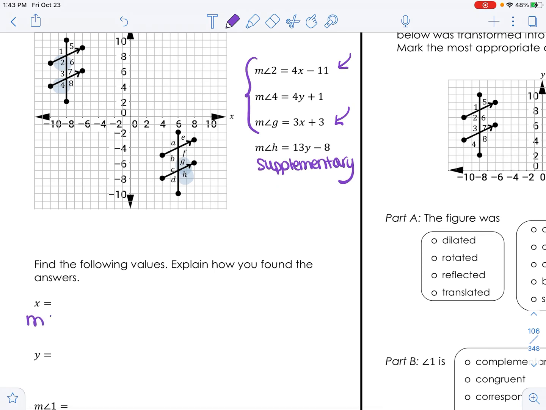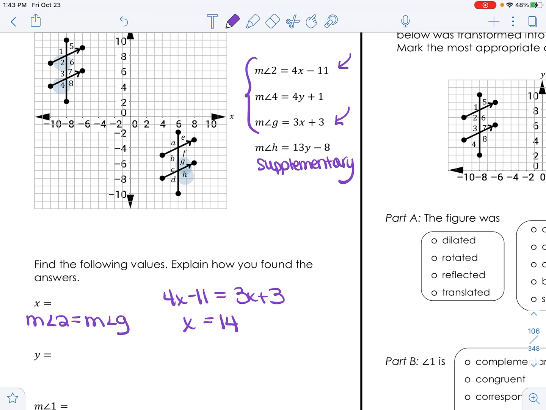So let's go ahead and find x by putting the measure of angle 2 equal to the measure of angle G. So let's write those expressions and put them together with an equal sign. All right, and I know you guys are multi-step equation wizards, so we're going to subtract the 3x on each side. We'll end up with x, add the 11 on each side. We're going to end up with 14.